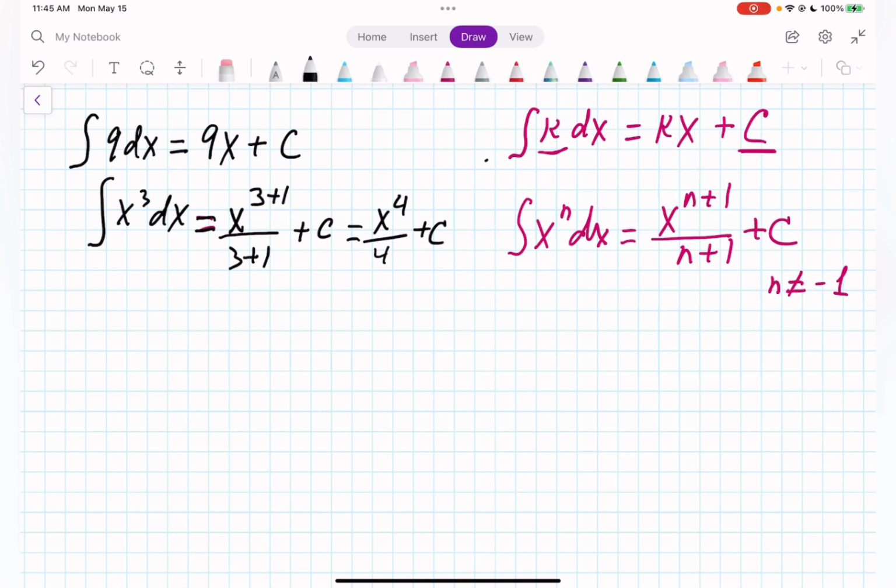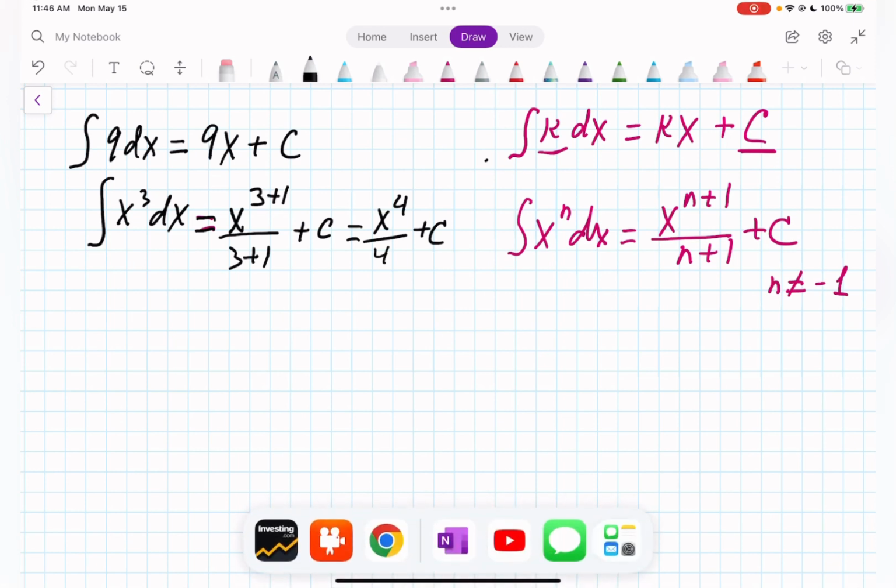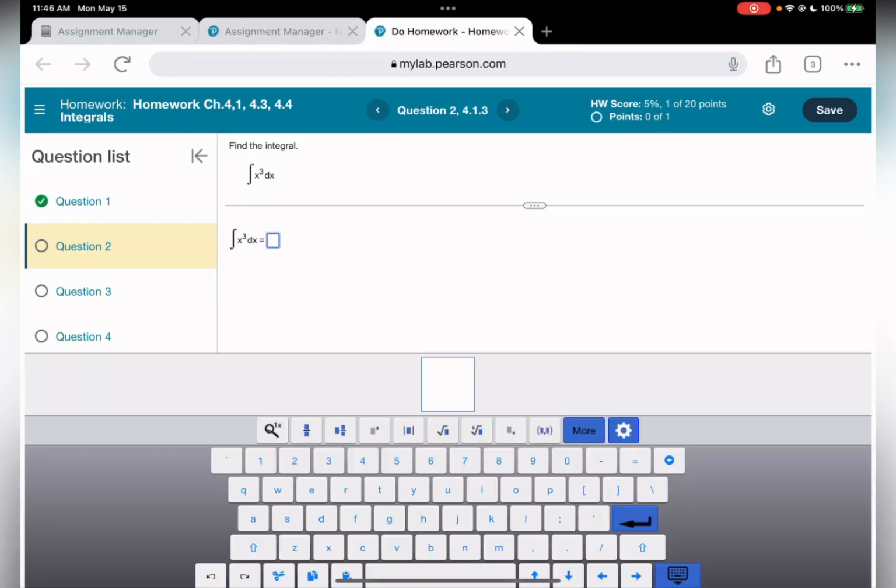Okay, let me put the answer. X to the power 4, and all this I am dividing, I put a slash to show division, dividing by 4. And we do plus C.